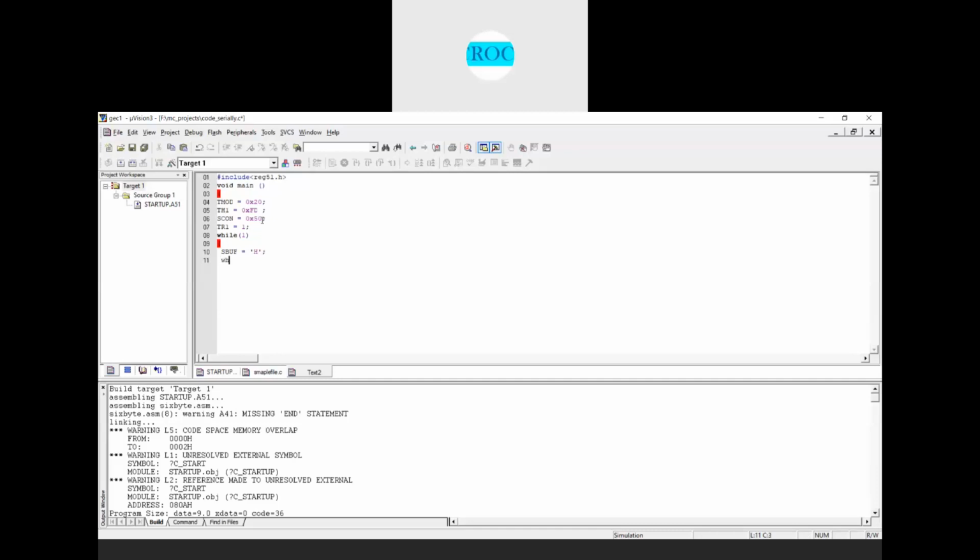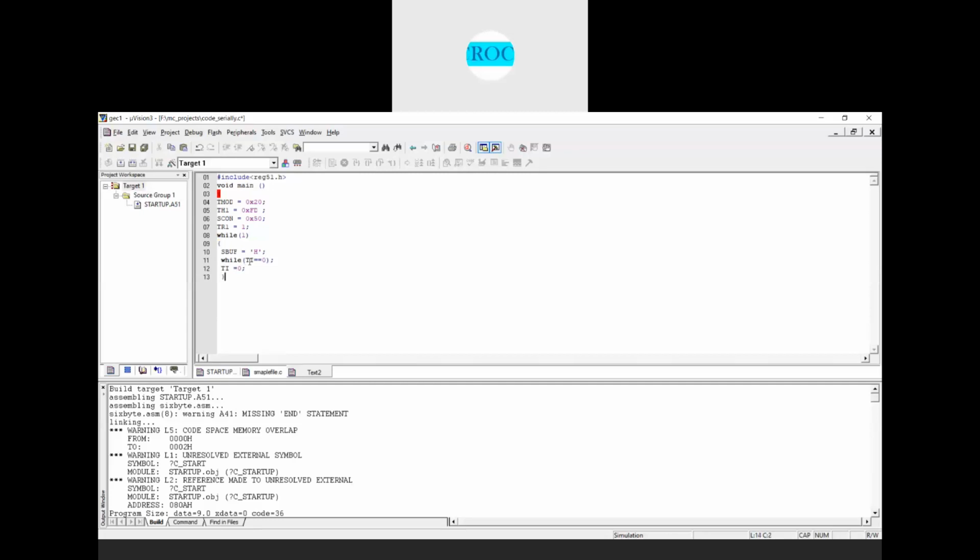Next, what do you do? Now you check. In assembly we had the JNB instruction. Here you can use the while instruction. While, right? What is the condition we have? Whether the transmit interrupt flag is set to 1 or not. TI, right? Whether this is equal to 0. This is a condition to check, and you say TI is equal to 0 here.